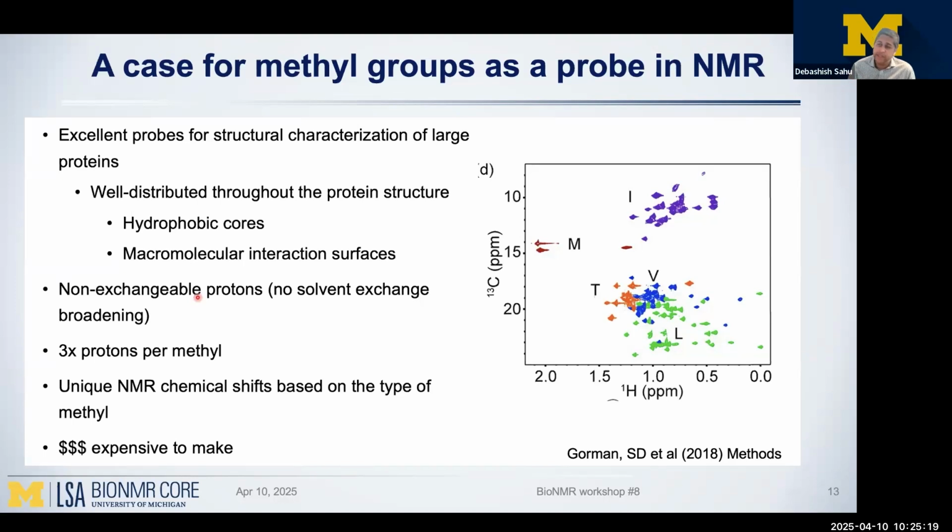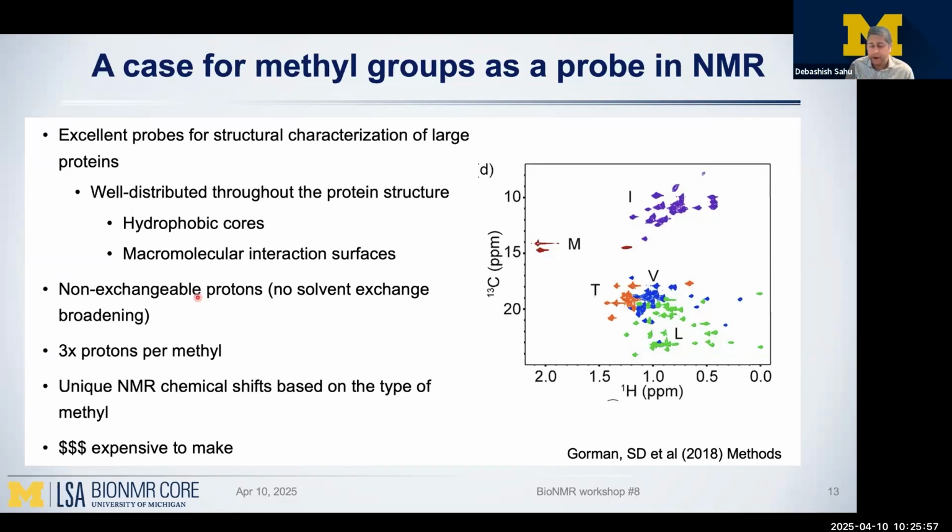In the case of methyl, these are non-exchangeable protons, so they do not exchange with your solvent, which means that you can have your sample in 100% D2O, and that will still give you better signals than a sample with an amide proton, your N15 labeled proton connected proteins. When you put that in D2O, those exchange, and then you slowly lose all the signal that comes from these protons.